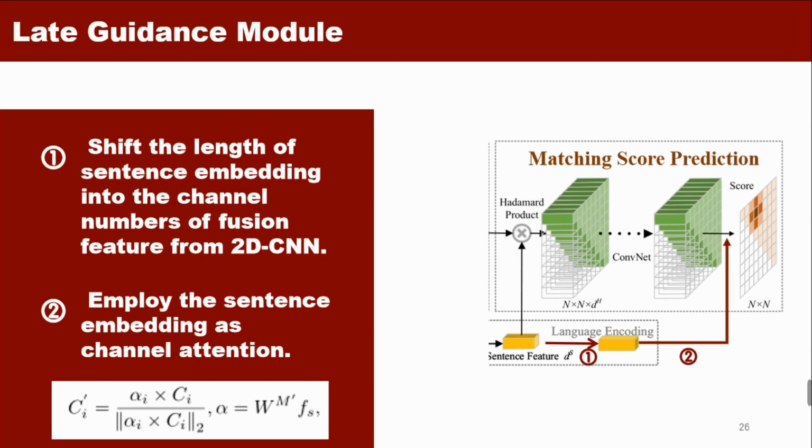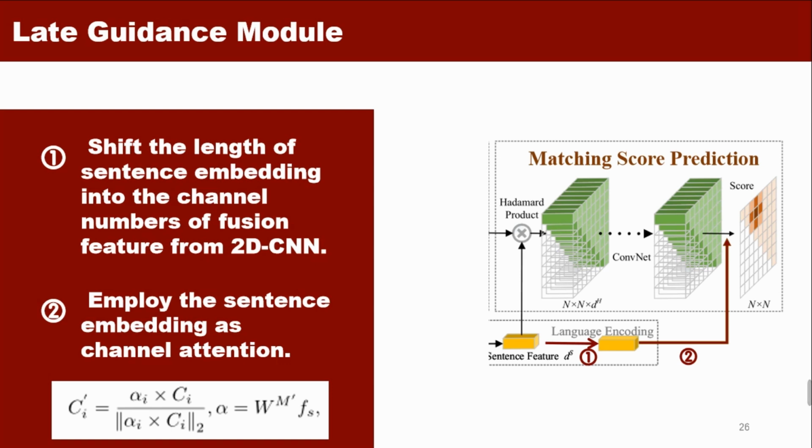Specifically, after obtaining the multimodal representation, they first shift the length of the sentence embedding into the channel numbers of the multimodal representation, then employ the sentence embedding as guidance to generate the channel weight alpha of the output channels for a fusion feature map. Finally, a normalization operation is conducted to avoid overfitting.